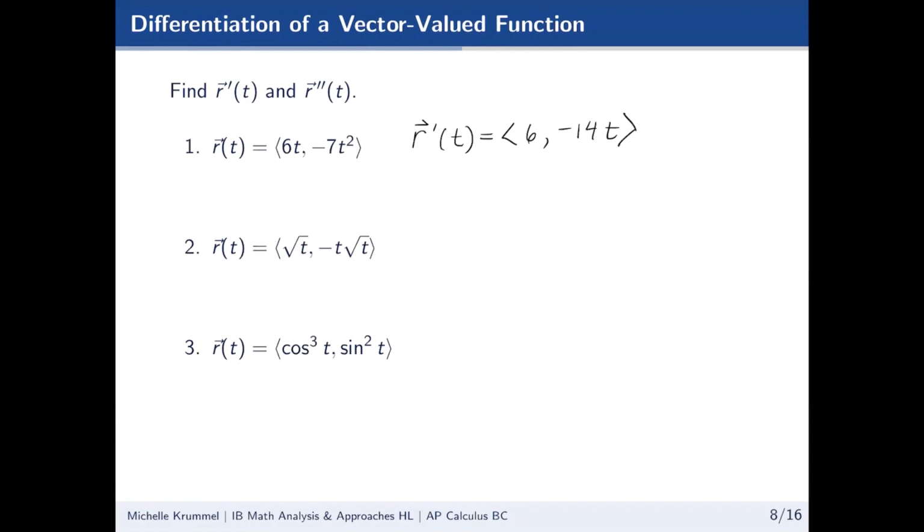For our second derivative, we're just going to take the derivative of the components of our first derivative. So the derivative of 6 is 0, and the derivative of negative 14t is negative 14. So our second derivative here has constant components. Okay, go ahead and pause here and see if you can work out number 2 and number 3.